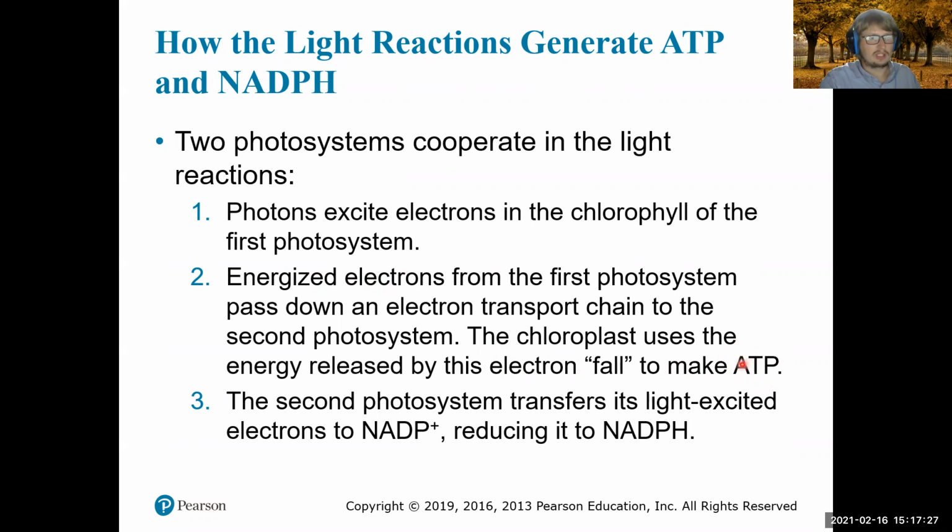So the electron transport chain, the ETC, gathers energy from that electron to make ATP. Then that electron will be at the second photosystem, where a photon will hit it, it will become excited, and that energy will be used to generate NADPH from NADP+.